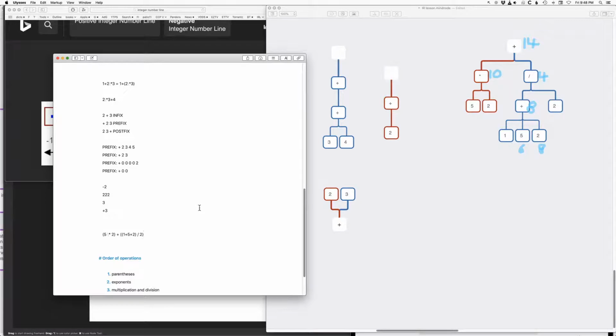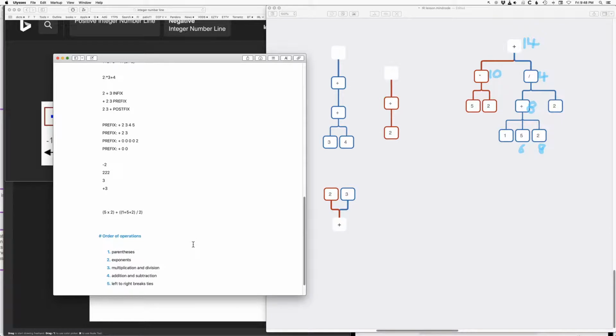Okay, I'm just going to use an X for multiplication instead of a times sign so I don't have to write a slash. Okay, so when there's multiple parentheses, the tiebreaker is the left one first.